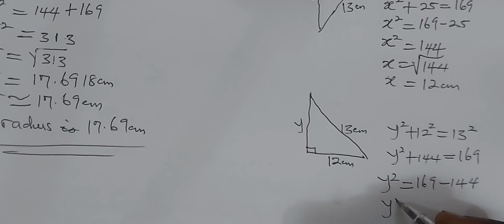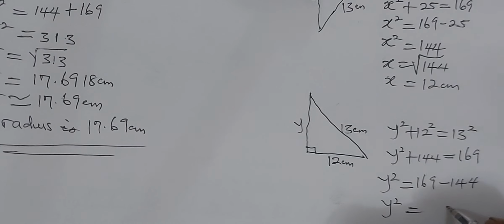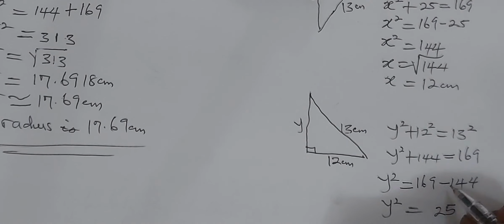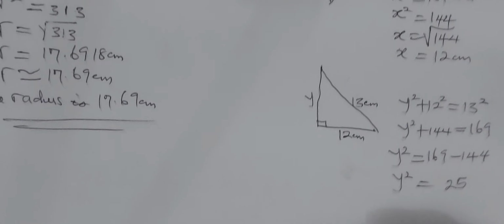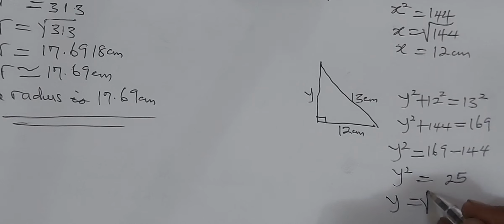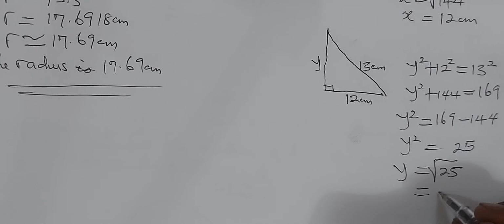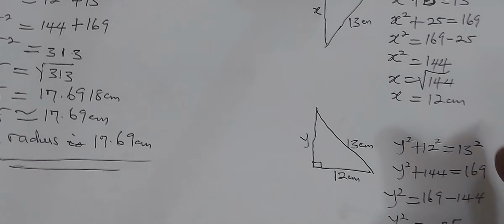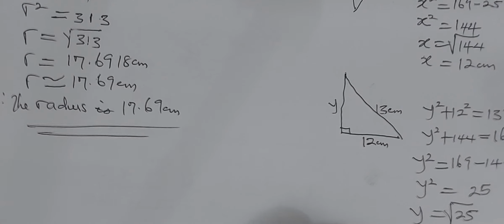So y squared is equal to 25. We look for y, which is equal to the square root of 25, and we have 5 centimeters. So y is 5 centimeters.